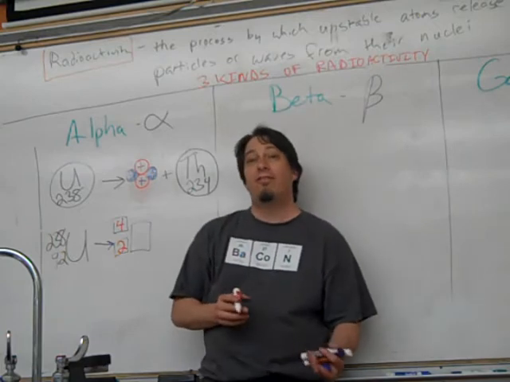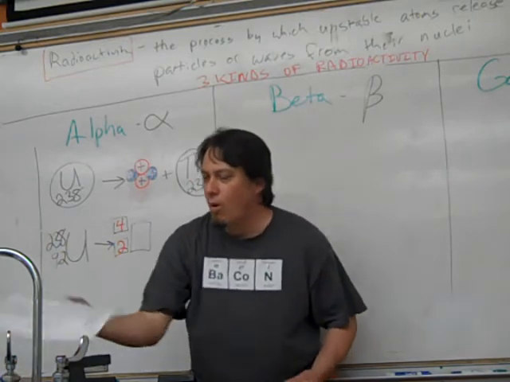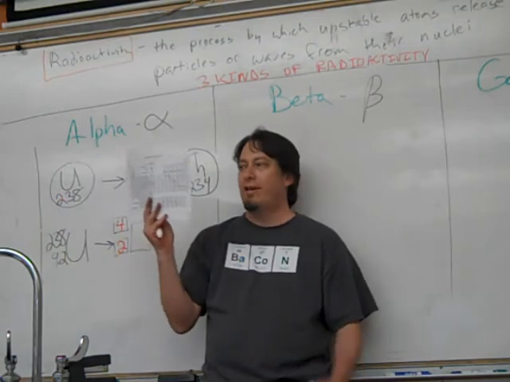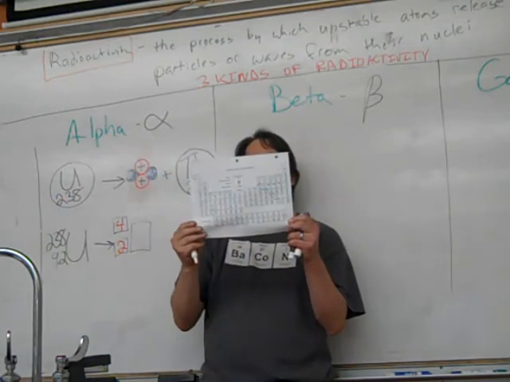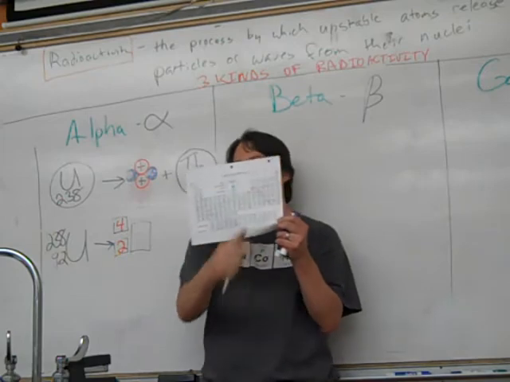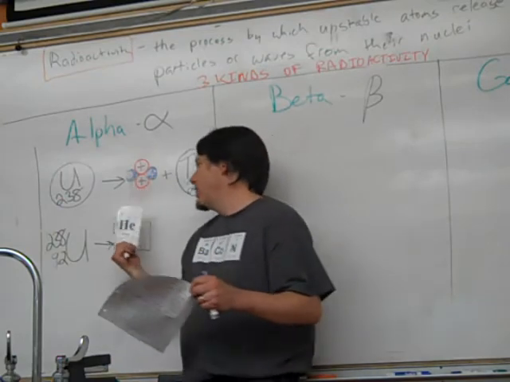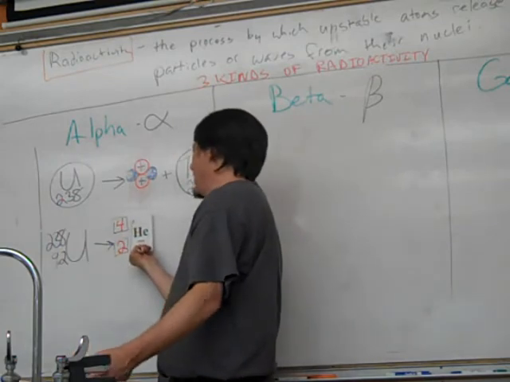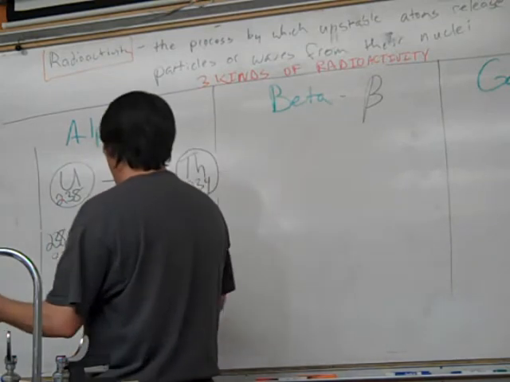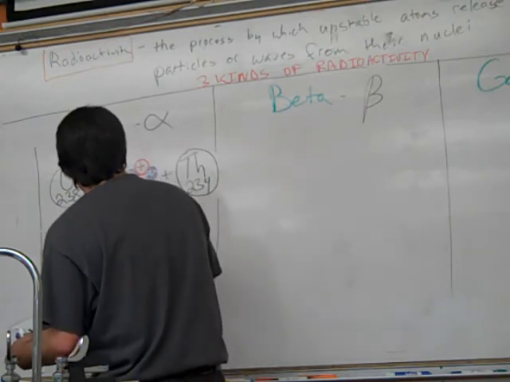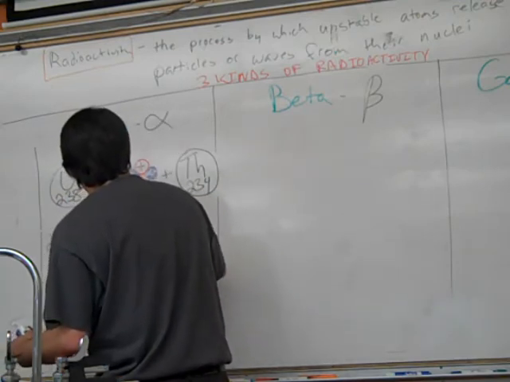So, the last thing to think about is, well, what would we call it? And it turns out, you can use the periodic table as a guideline. If it has 2 protons, it must be helium. Helium has 2 protons. And so, that's what we put here. Even though it doesn't seem to make any sense that this thing that comes shooting out of a nucleus would be an element, but it is.